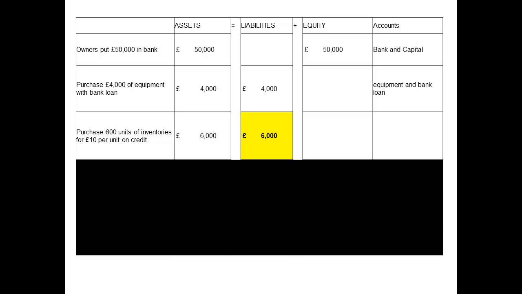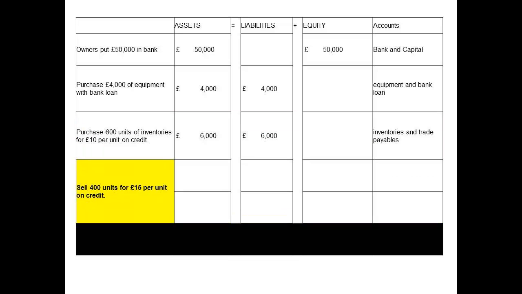Which accounts are affected? An asset account for inventories and a liability account for trade payables are affected. To summarise, when £6,000 of inventories were purchased on credit, assets increased by £6,000 and liabilities increased by £6,000. The accounting equation is balanced.